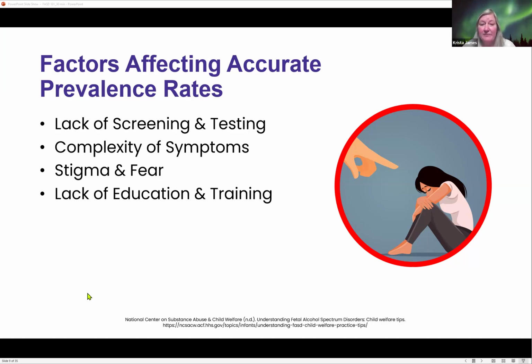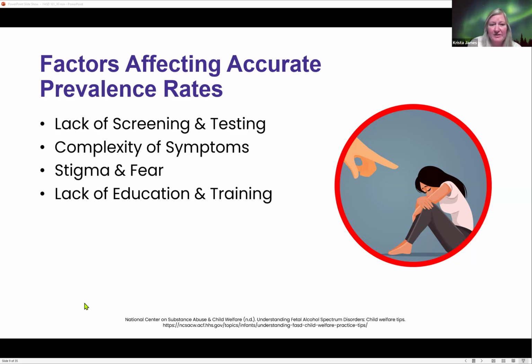And since those facial features are only present in fewer than 20% of individuals with FASD, many times it gets missed because providers are often trained to look for those facial features first. And we know now that most kids are not going to have those facial features.